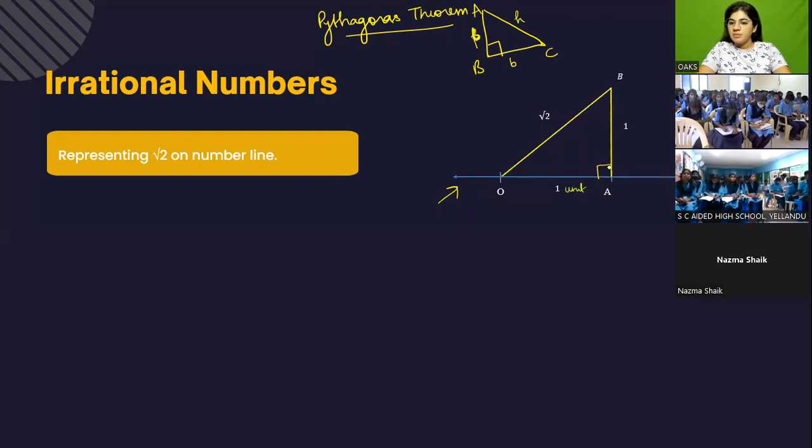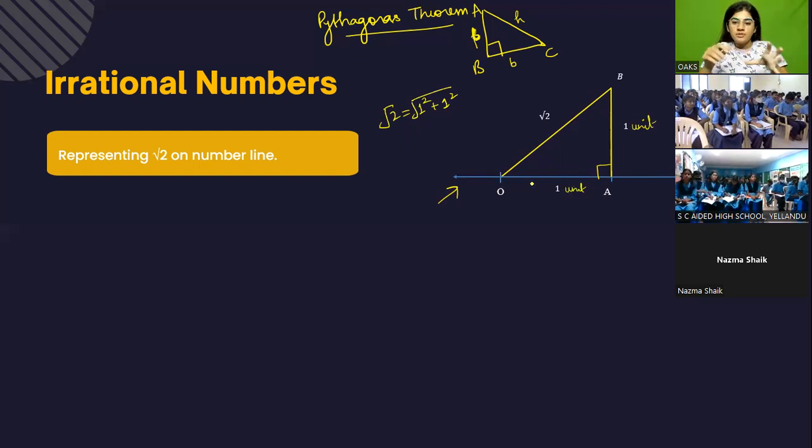And we have taken a perpendicular distance that is also equal to 1 unit. And we all know that using Pythagoras theorem, root 2 is equal to the square root of 1 square plus 1 square. So we get this from Pythagoras theorem, and root 2 will be the hypotenuse.